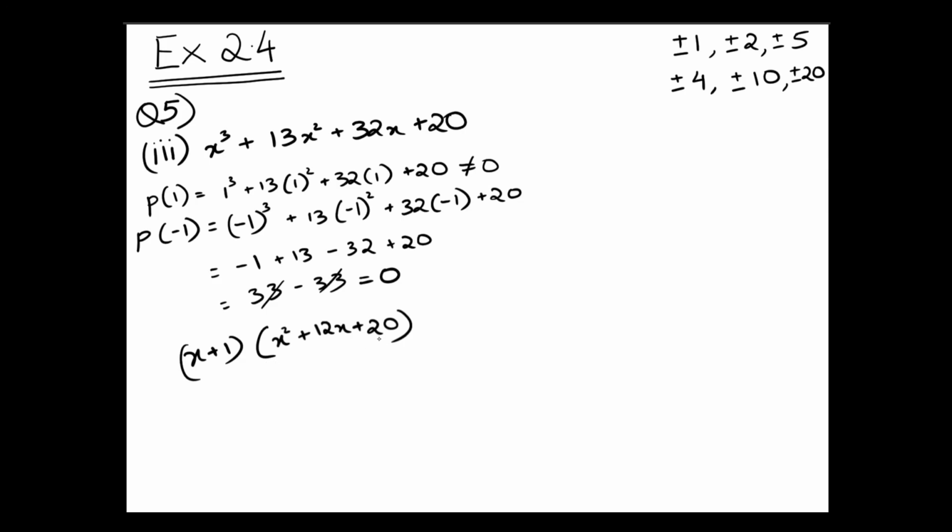And now that we've got this quadratic through long division, we can use the splitting the middle term method to factorize it and get our solution. In order to split the middle term, I need to find two terms such that the product is 20 and the sum is 12.